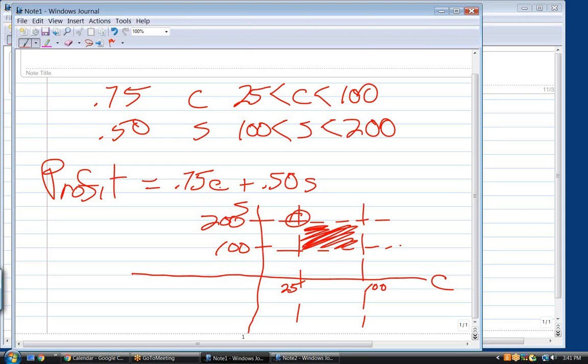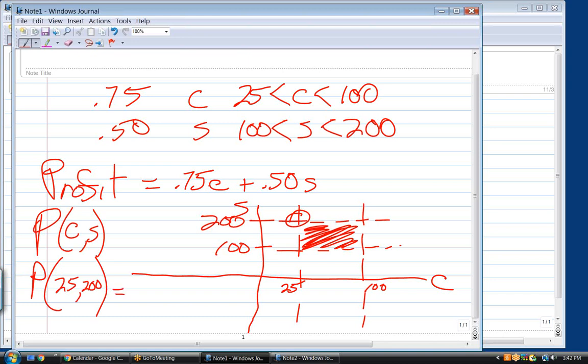In other words, let's call this P of X. Can't even call it P of X, I'd have to call it P of C comma S. It's going to be a function of that. And what I want to know is what is P of 25 comma 200?